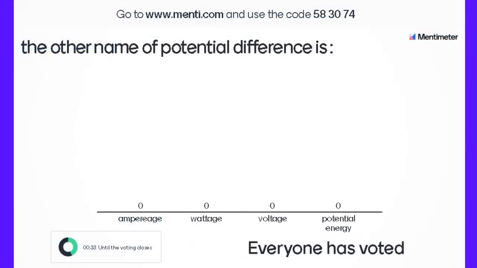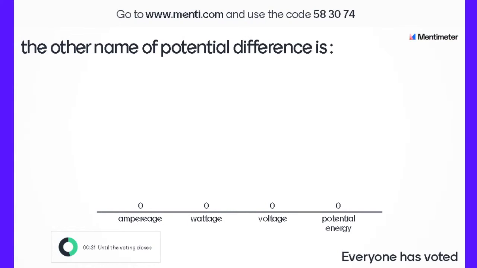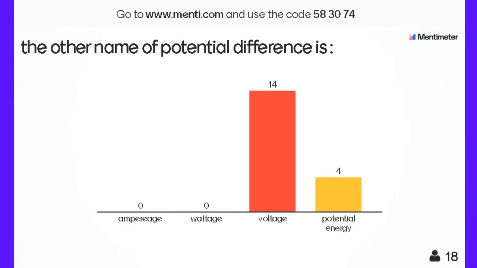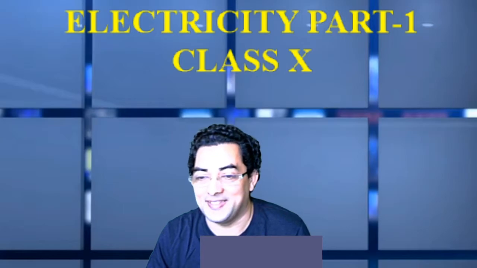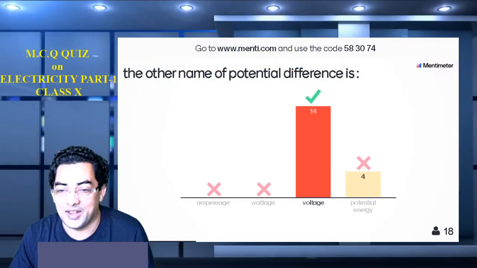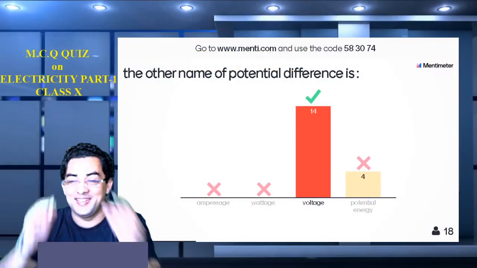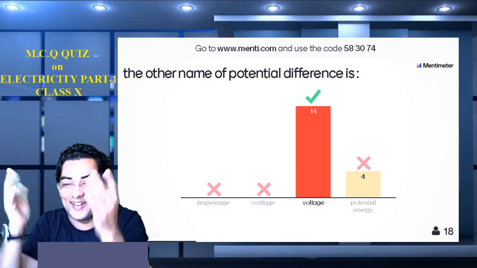So let's see. Everyone has voted and now these are the scores. So 14 of you got it correct. Very good. And 4 of you got it wrong. जिनका wrong हुआ है, उनका wrong क्यों हुआ है देखते हैं. They have selected potential energy. Oh God.